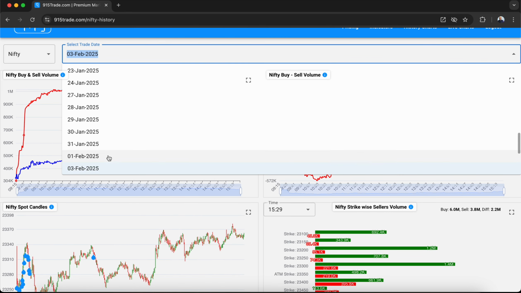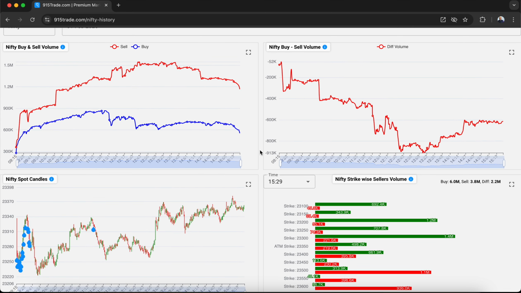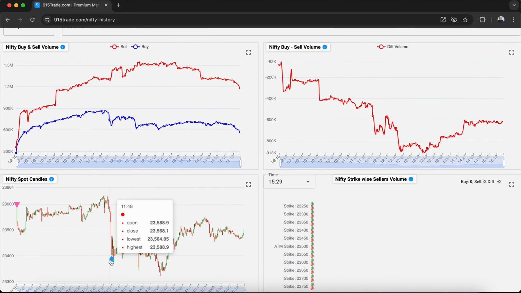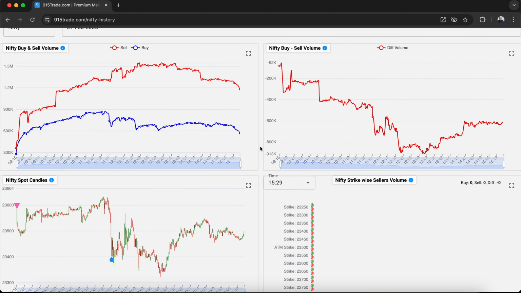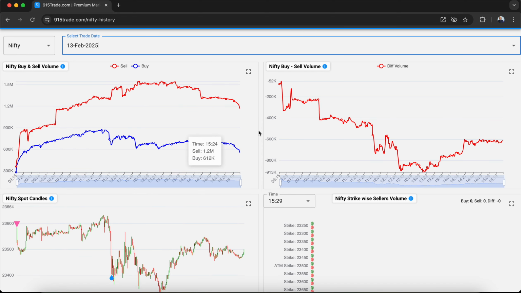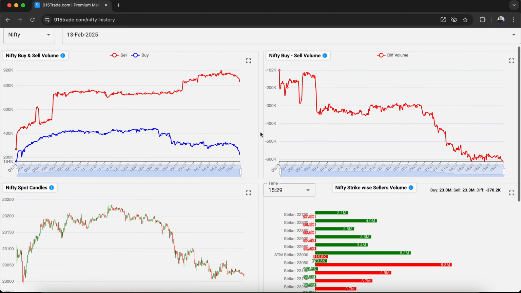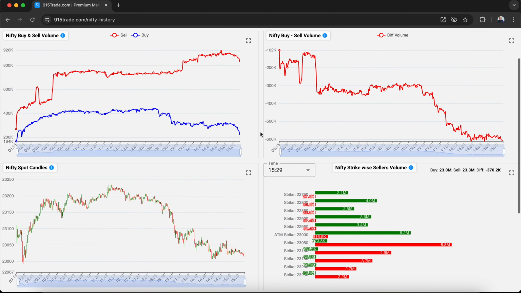Otherwise, the accuracy with which these markers perform is extremely high. You can obviously refer to the historical data yourself. You will get your opportunity. But like I said, please understand that these markers might not happen every single day. So you might have times when there is no marker at all. We don't try to give you a marker just because we want to show a trade every single day.